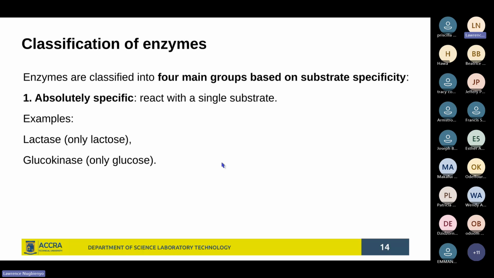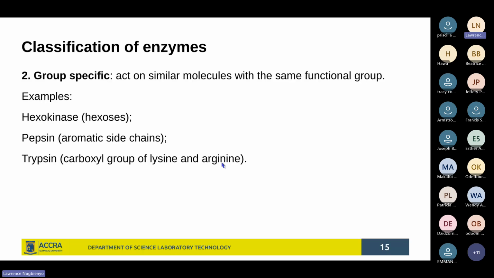In this case, it will be involved in the transfer of a phosphate group from ATP onto glucose to give you glucose phosphate, maybe glucose 6 phosphate. Right. Then we looked at group specific enzymes, which means that the enzyme will not be acting only on a single substrate, but it will act on a group of molecules.